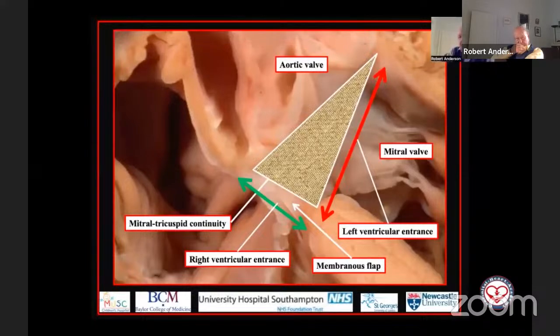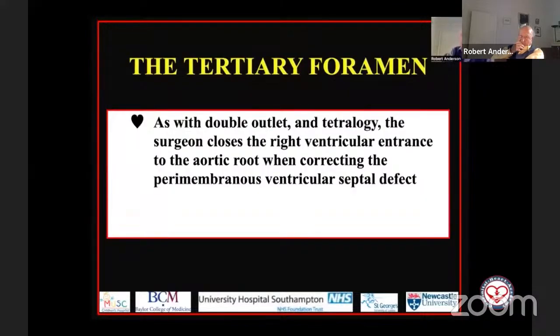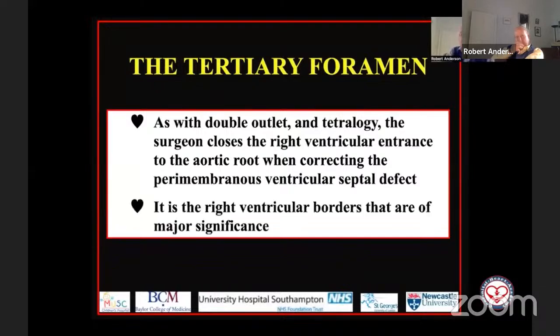So now, let's look at this situation in the definitive heart. And let's remember that as with double outlet, as with tetralogy, it is that right ventricular entrance that is closed when the surgeon corrects the perimembranous ventricular septal defect, because the right ventricular borders are of major surgical significance, because that is the area around which the surgeon is going to place a patch.